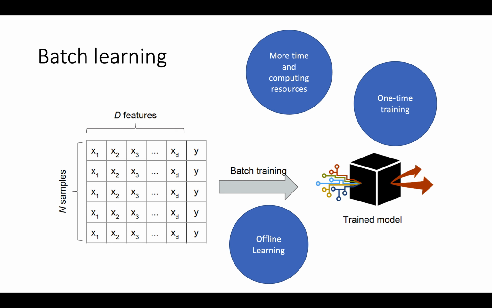This solution is simple and often works fine, but the training sometimes could take long. You probably need to train your system every 24 hours, sometimes weekly. So if you want your system to adapt to rapidly changing data, then probably batch learning is not your solution.